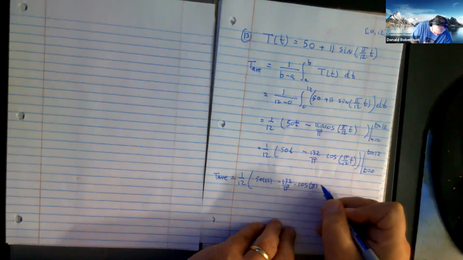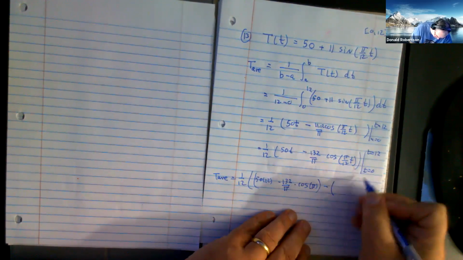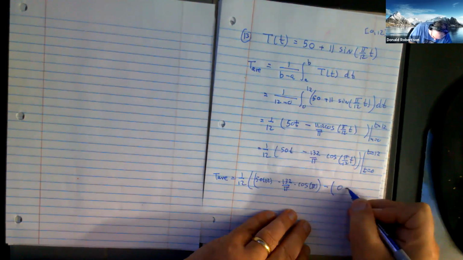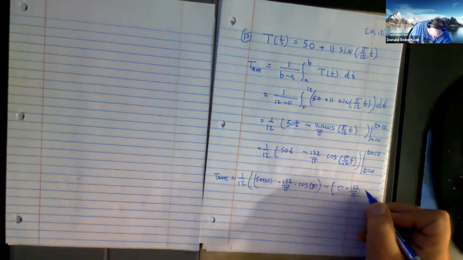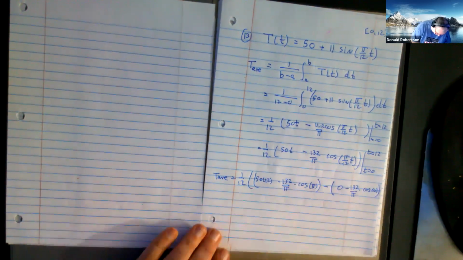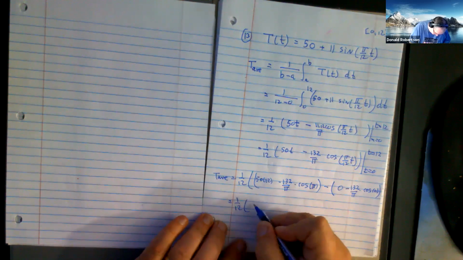Oh, that's quite nice looking. Take away, put in 0, that goes away. Put in 0 here, and you get negative 132 over pi times the cosine of 0. Right, 50 times this guy, it's 600.